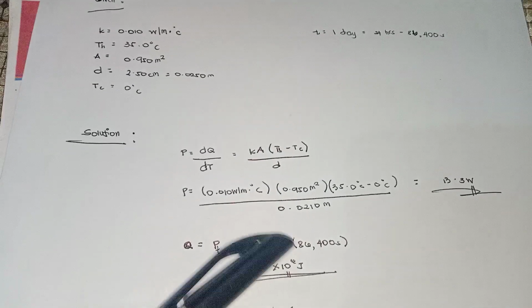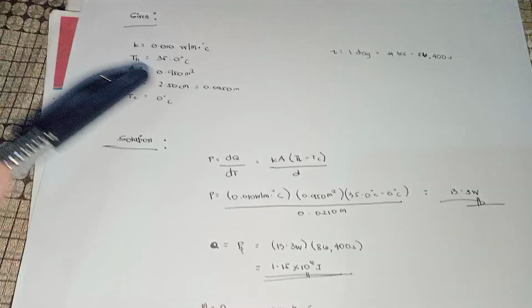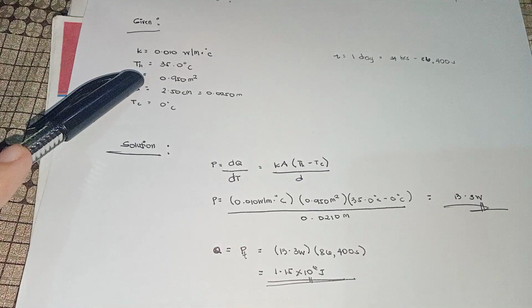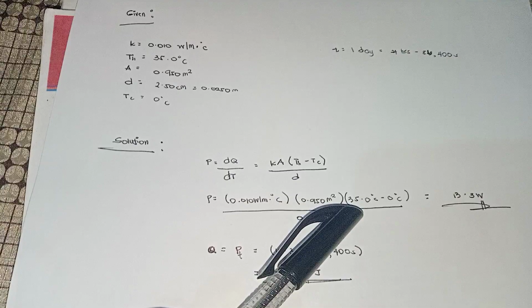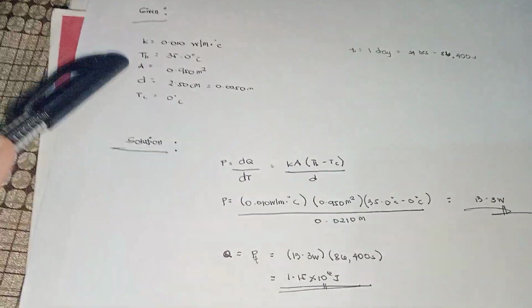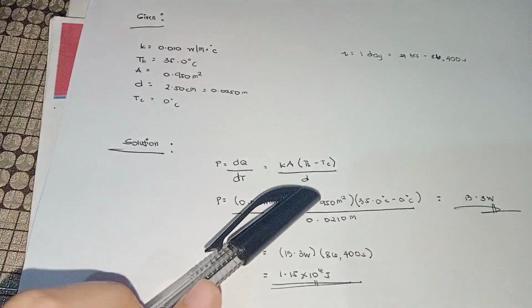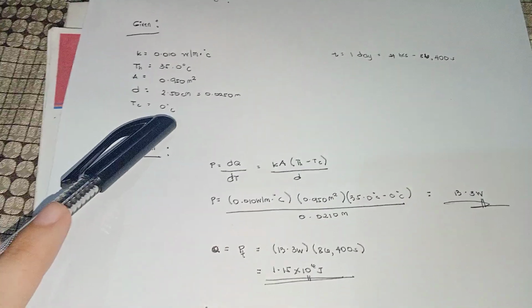And for 0.950 meters squared, this is A, and 45.0 degrees Celsius, this is TH. And then minus TC, which is 0 degrees Celsius.